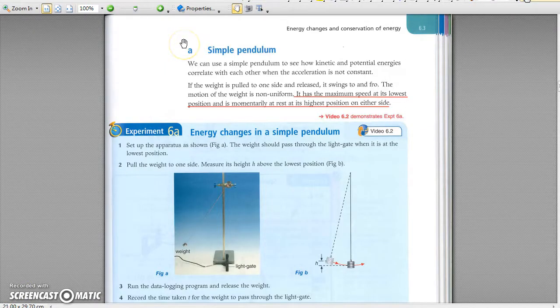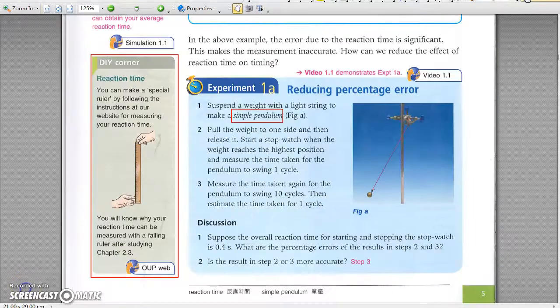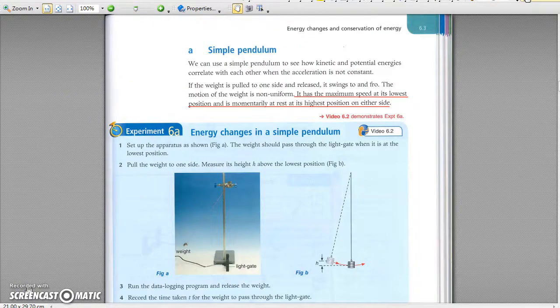A. Simple pendulum. You have seen the simple pendulum on page 5. A simple pendulum performs a motion in which the acceleration is not constant. The acceleration of the mass is higher when it is further away from the vertical, the equilibrium position. As the pendulum swings from one side to another, the gravitational potential energy and kinetic energy interchange periodically.